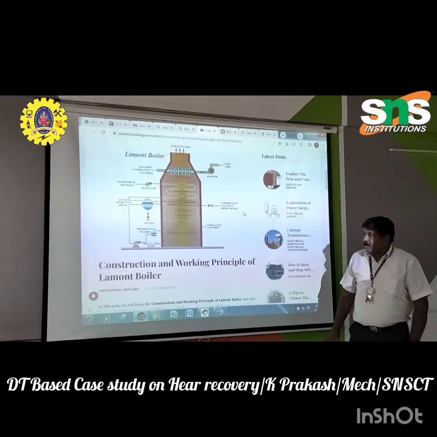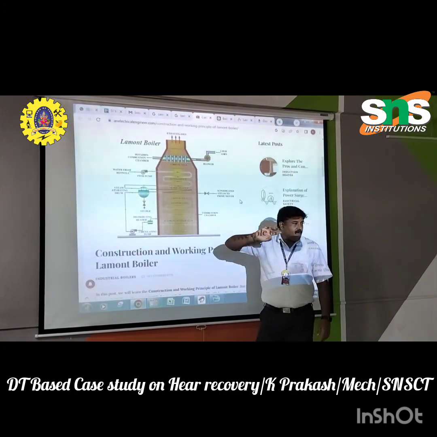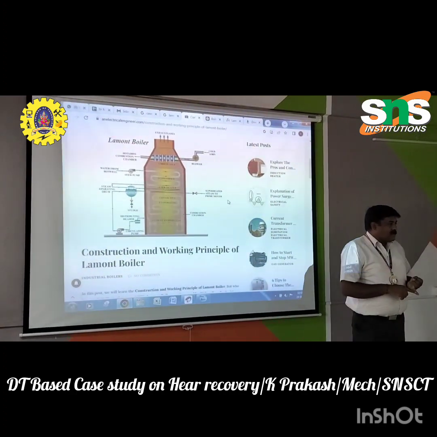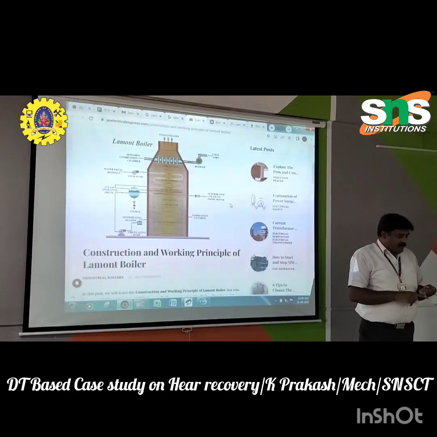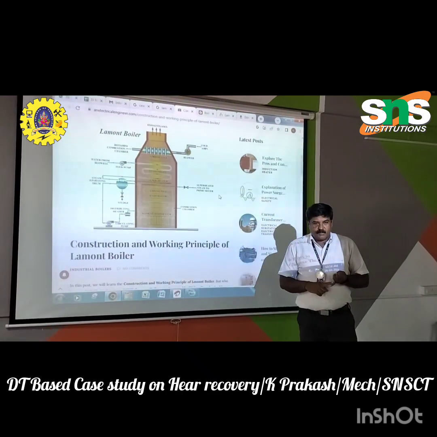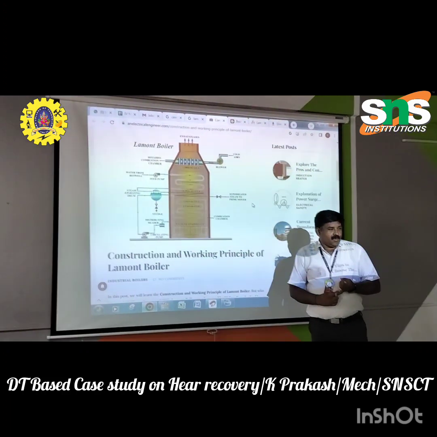So the empathy part is that here we are losing a large amount of heat energy. Where does this impact take place? Because of this, the cost of the fuel is wasted, and the working cost is also wasted.